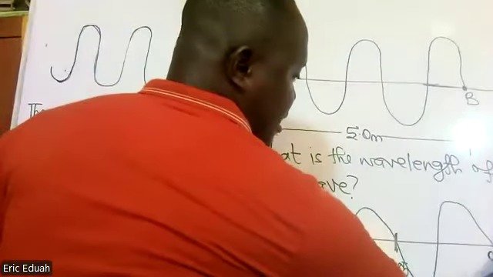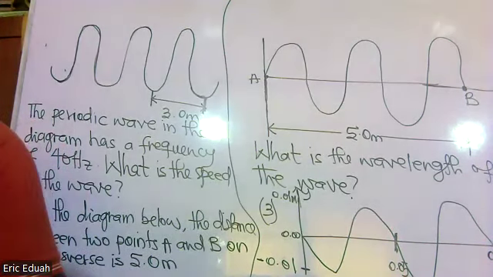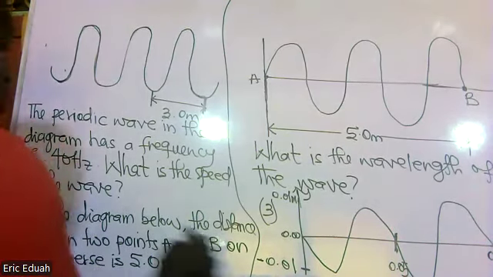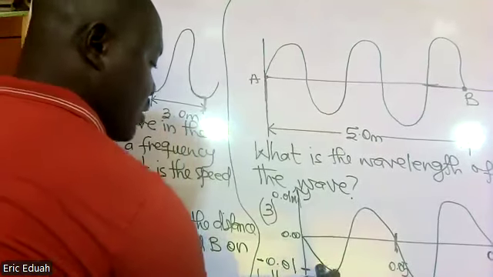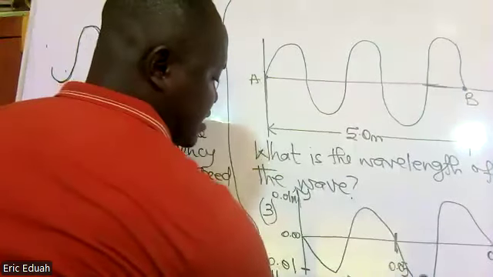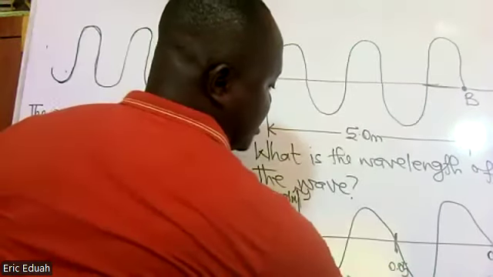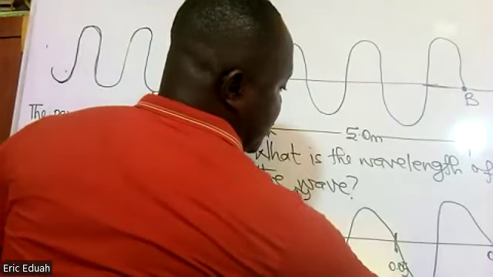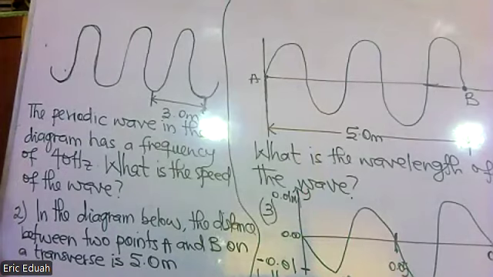So the horizontal axis is time. What is the frequency of the wave? So these are the three main questions for our consideration.